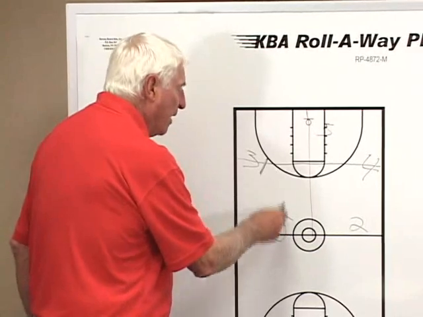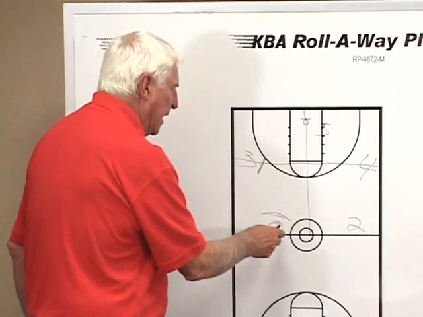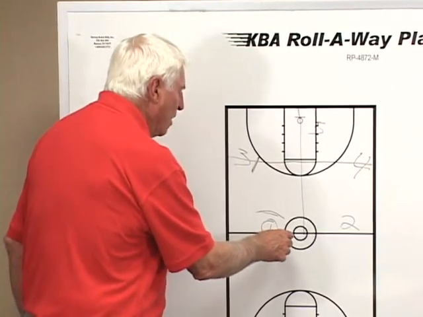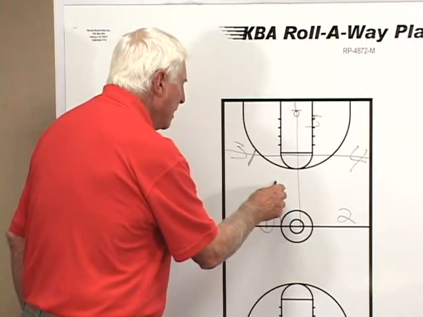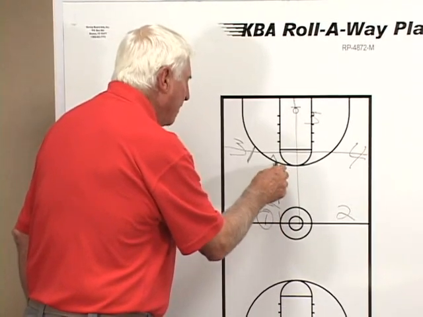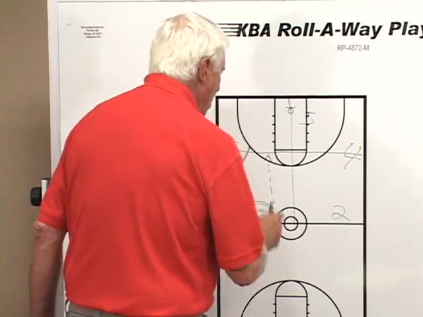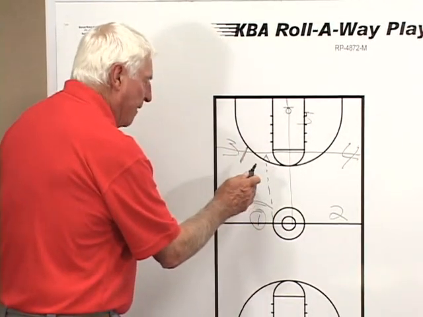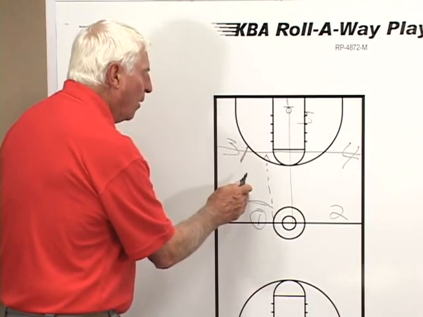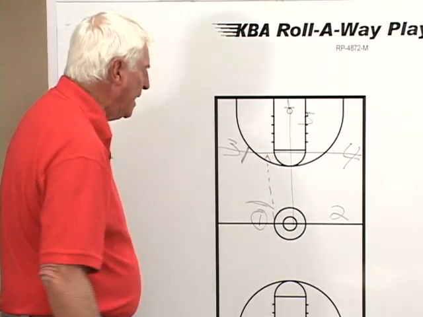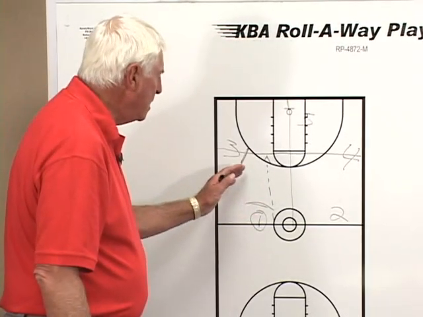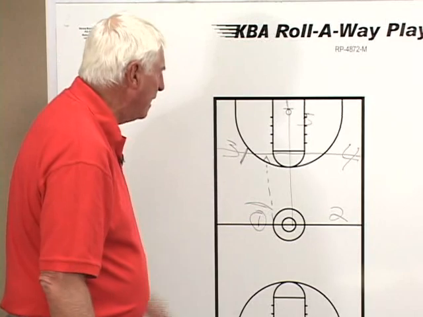Now, the ball above the foul line extended, as it is. That means anywhere from midcourt to this imaginary foul line extended. When the ball is on this side of the floor, what we have here is the ball side. Everybody plays straight, tough, man-to-man defense.